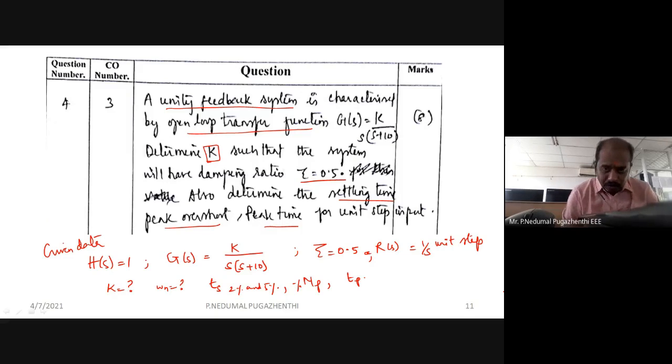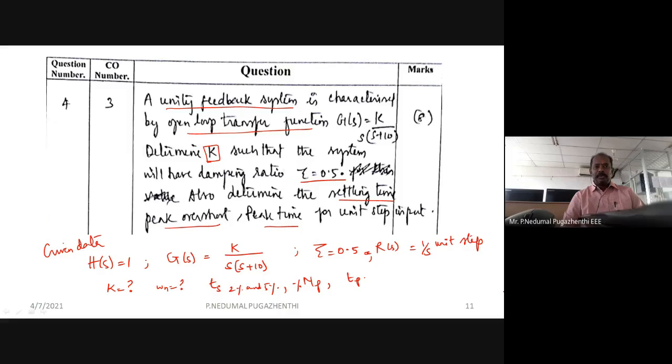Any doubts from the problem? Any doubts about what we have interpreted from the given statement of the problem? The given data is clearly mentioned: unity feedback, by which h of s is equal to 1. Open loop transfer function g of s is k by s into s plus 10. Damping ratio zeta is 0.5.